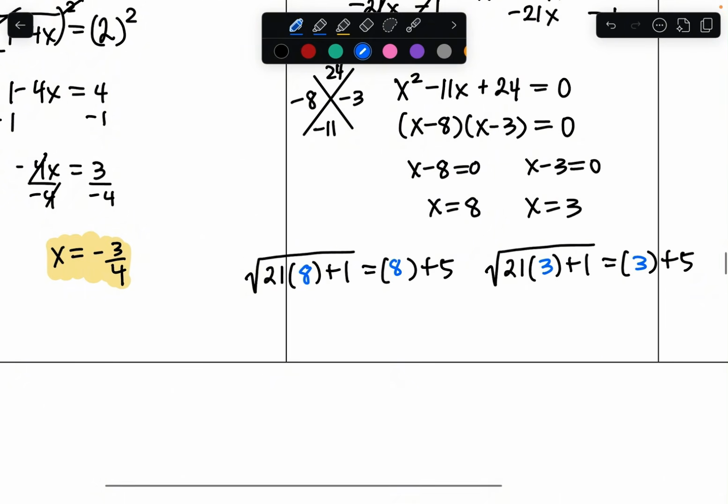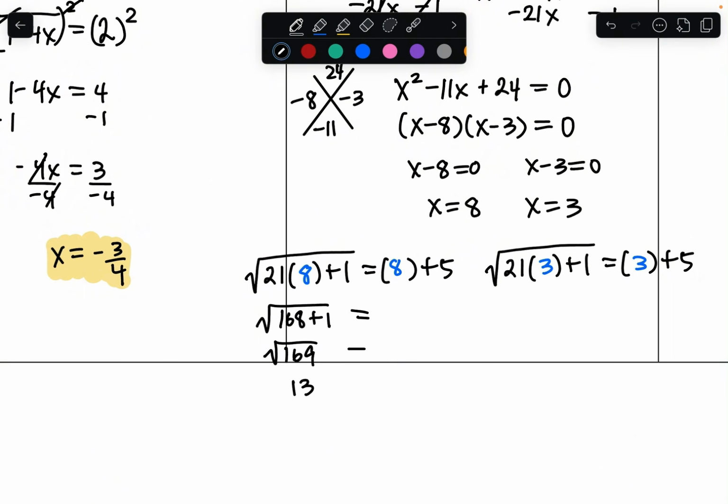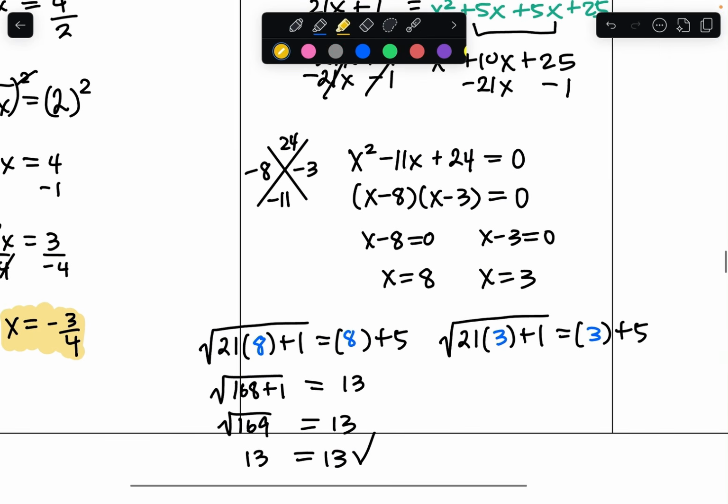When I plug in the 8, 21 times 8 is 168, and then plus 1 is 169. Square root of 169 is 13. On the right side, 8 plus 5 is 13. And so we end up with 13 equals 13. So x equals 8 is one of our solutions.